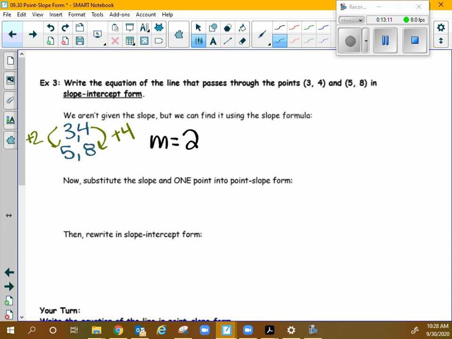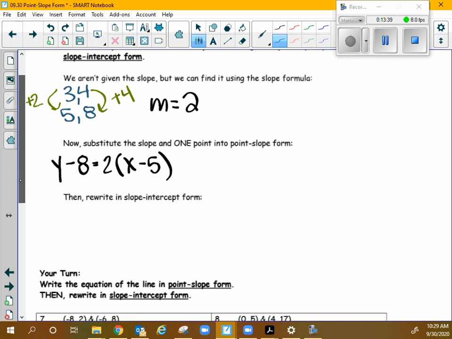Okay, now substitute the slope and one of the points. Does it matter which one? No, pick one. I heard 5, 8 first. Okay, it doesn't matter. If you use 3, 4, great. It'll get you to the same place. Y minus 8 equals, finish that out for me. 2 times x minus 5. Good.